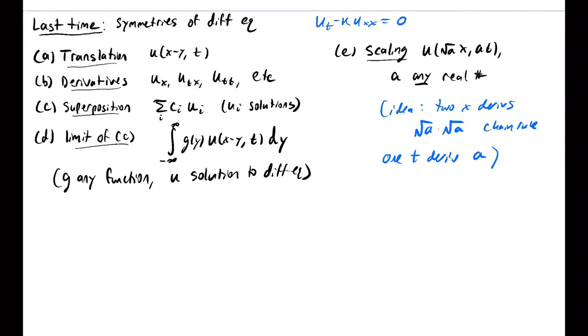And so this may seem kind of arbitrary, like why are we interested in scaling things in this way? But this is actually going to turn out to be a very important observation for deriving the solution to the diffusion equation, which we'll see momentarily. Okay, and so remember, what is the idea for finding a solution?